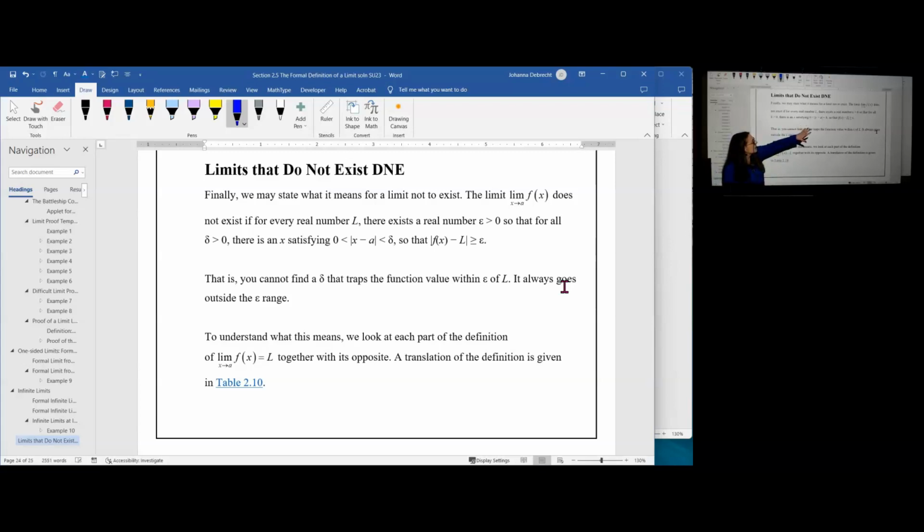The limit of f of x as x approaches a does not exist if for every real number L, there exists a real number epsilon greater than 0, such that for all delta greater than 0, there is an x that meets the condition that it's close enough to a, within delta of a, but the function value is not close enough to L. The magnitude of f of x minus L is greater than or equal to epsilon.